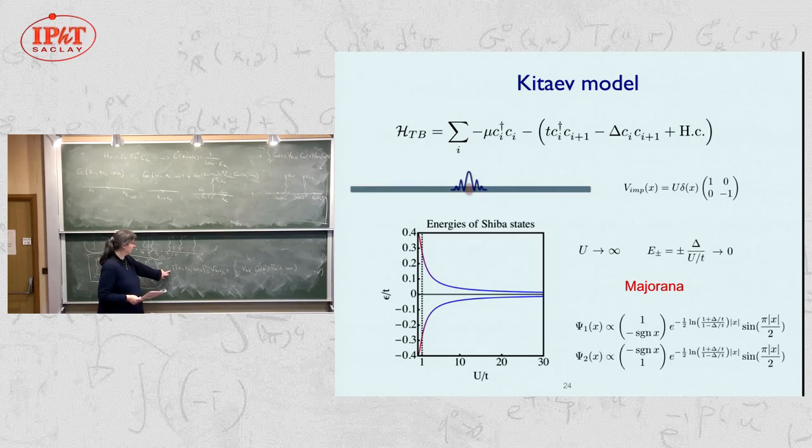Now, if you look at this equation, you see that if V is independent of K, then T is independent of K also, and you're going to get a T which only depends on energy. Of course, if V is independent of K by construction, T is also going to be independent of K1 and K2. If V doesn't depend on K1 and K2, this sum is not going to depend on K1 and K2 either.